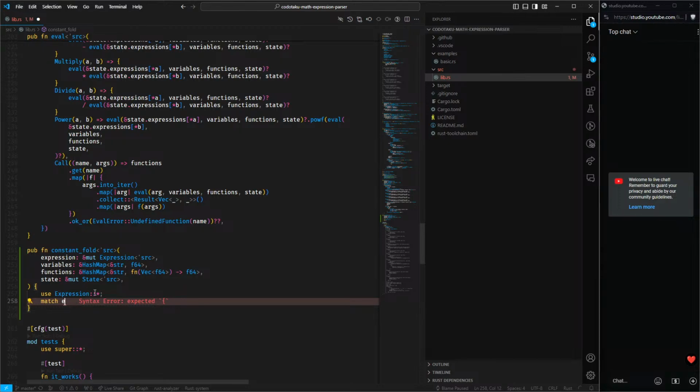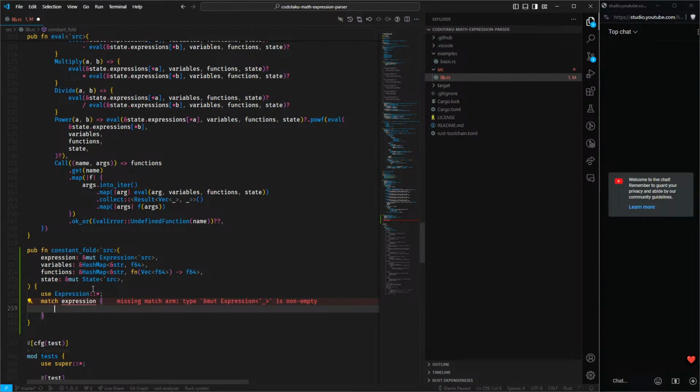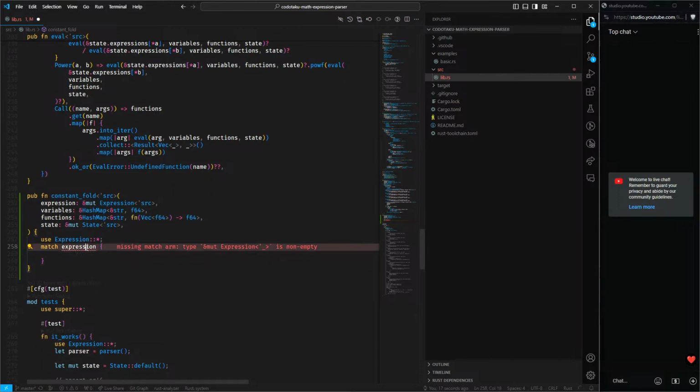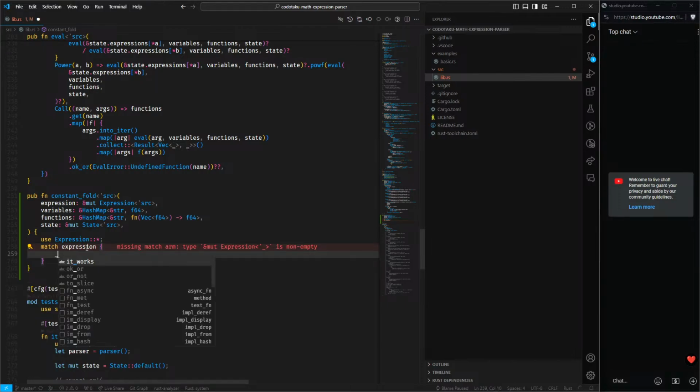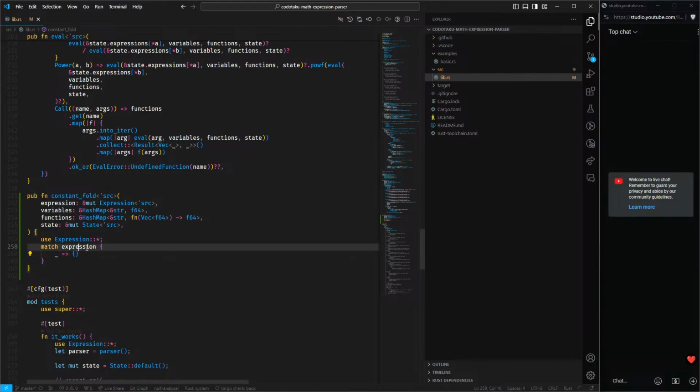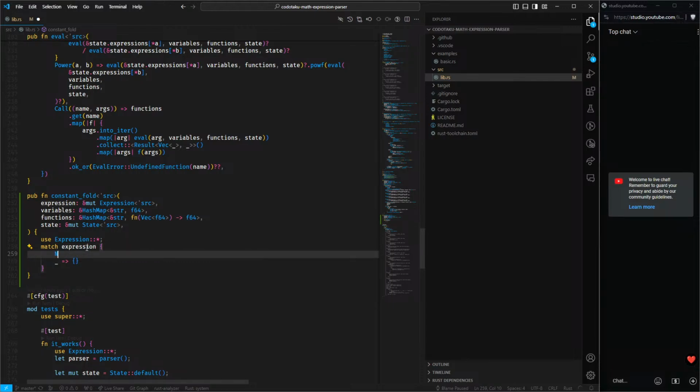Oops, what happened? Match on the expression. Okay, cool. Missing match arm, type is non-empty. What? Anyways, I can do this basically to do everything, but let's start simple. So we're gonna ignore everything else, and right now we're just gonna focus on one little simple thing, which is the negate. I think that's the simplest to do.